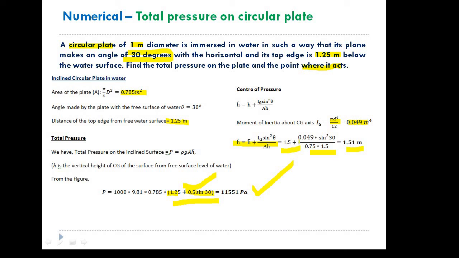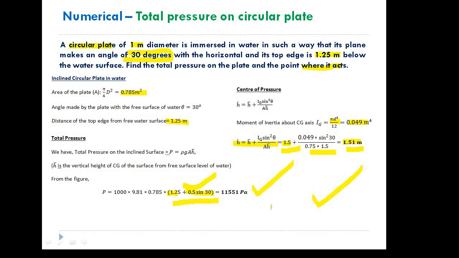The center of gravity is at a distance of 1.5 meters or 150 centimeters from the free surface of water, and the center of pressure is 151 centimeters or 1.51 meters from the free surface. So again, the center of pressure is below the position of the center of gravity.